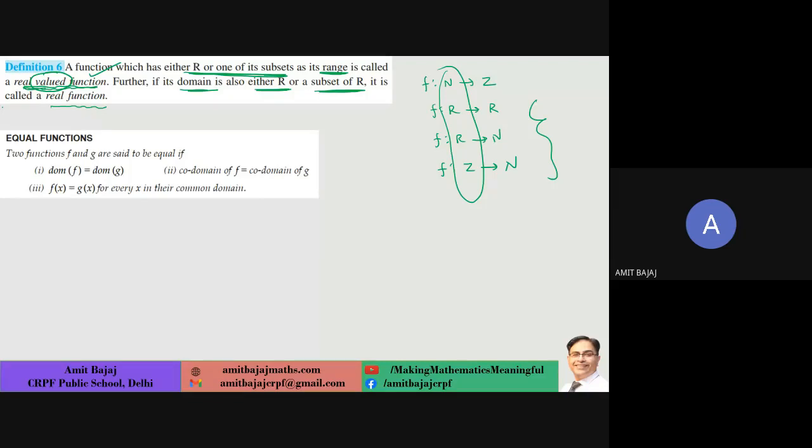Then a very simple definition about the equal functions. Two functions f and g are said to be equal if domain of f is equal to domain of g, codomain equal, and thirdly their values are also equal for all x. f of x should equal g of x.